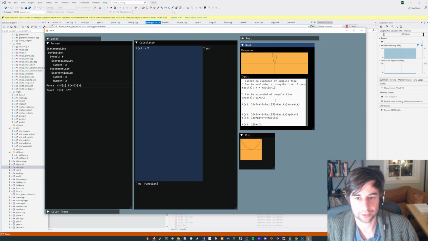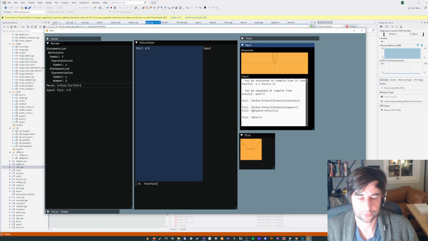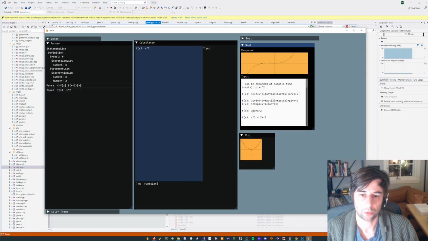I also have this cutesy idea around solver syntax. If you have a function like f of x is x squared plus 3x cubed or something, I want to be able to write f of what equals 5, and I want that to evaluate to basically the value, or if you put that to 0, then it should give you the roots.